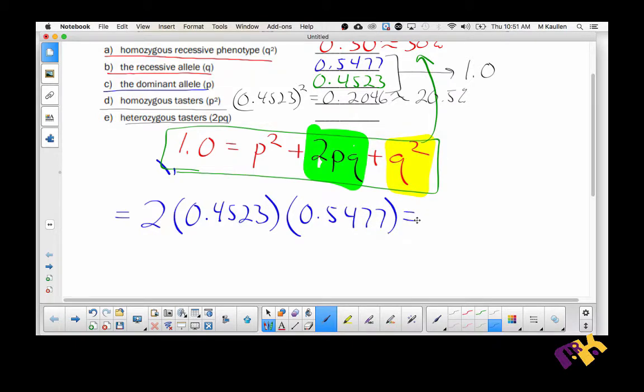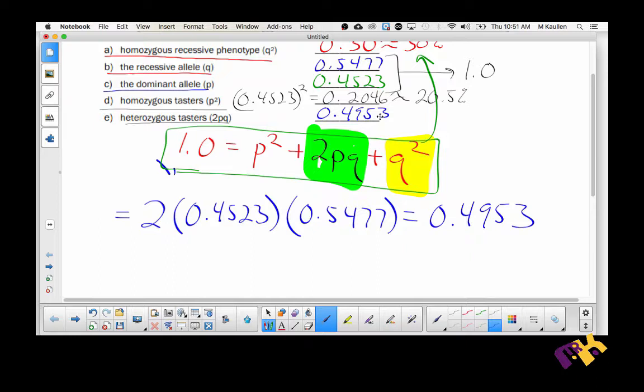If we run this through our calculator, we're going to find that this is equal to 0.4953. And we'll put that in up here, 0.4953, which would be about 49.5% or so.